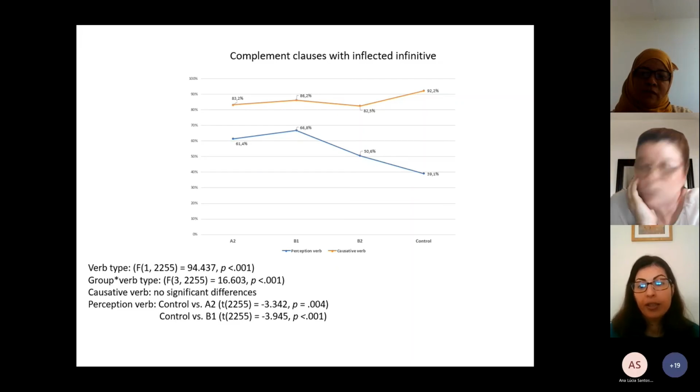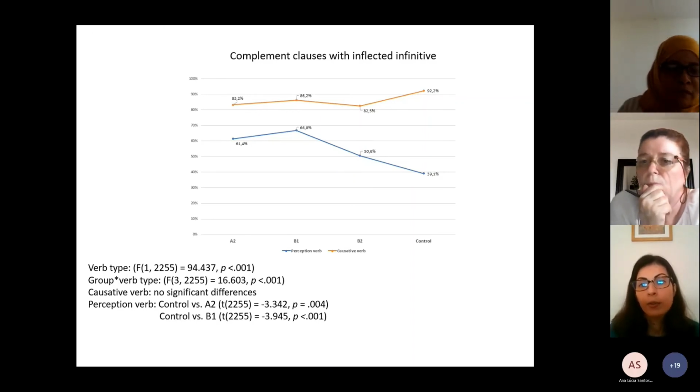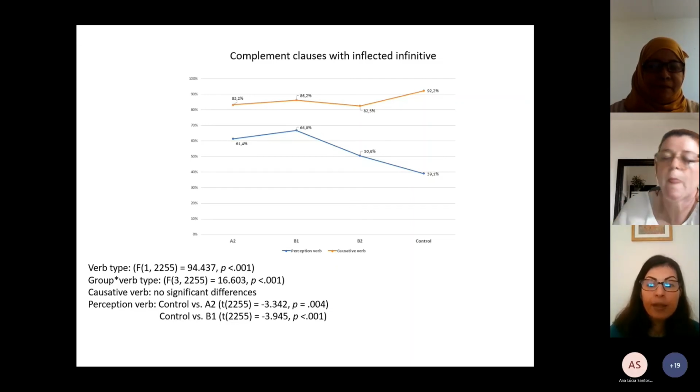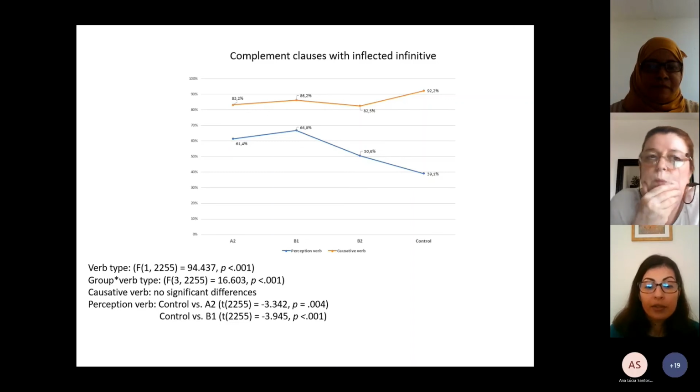The first one can be a task effect, because I observed that the majority of the participants did not select the 3 options even when they were possible. And this is true for the test items and for the distractors. On the other hand, we have seen that the PIC is the preferred complement with perception verbs by Portuguese monolingual speakers.